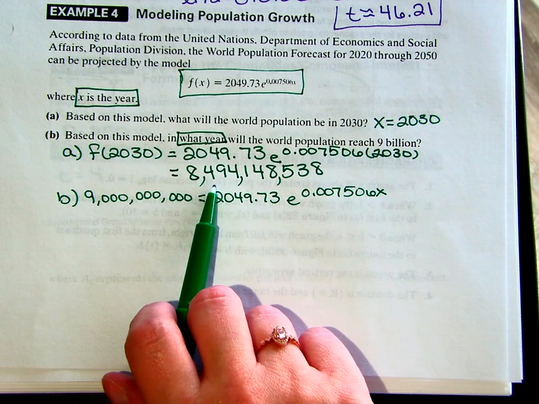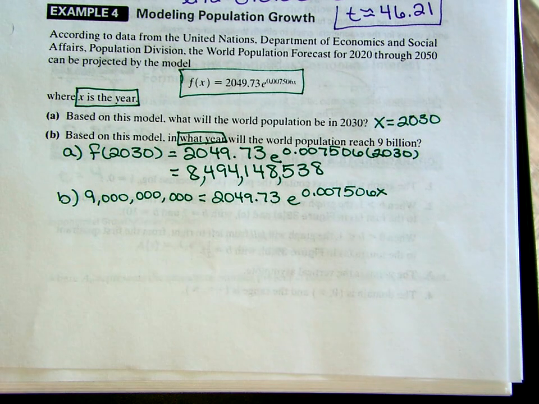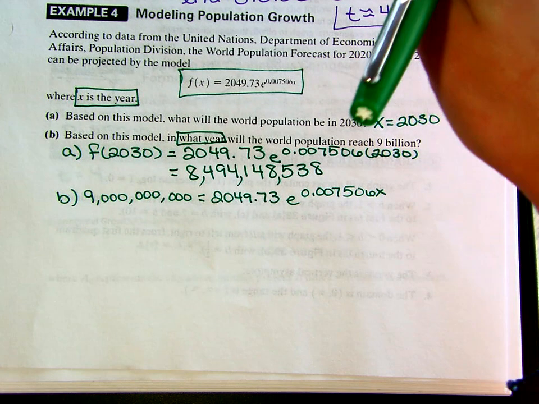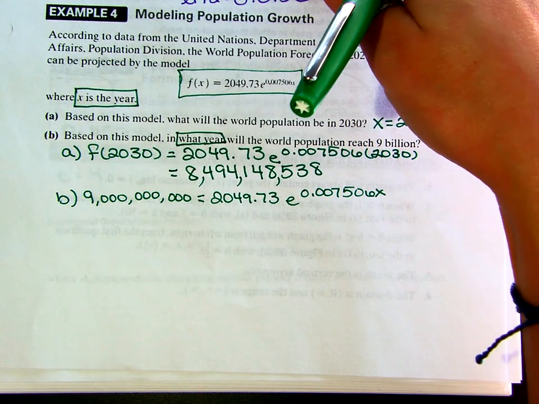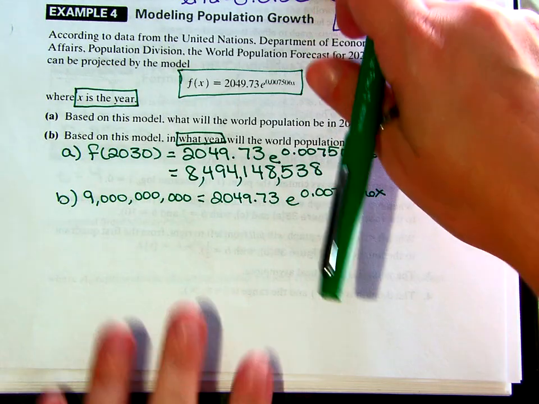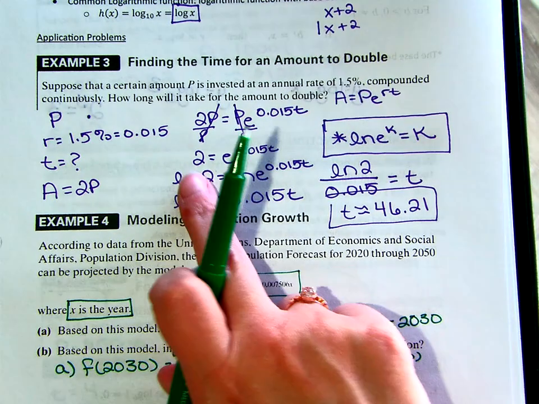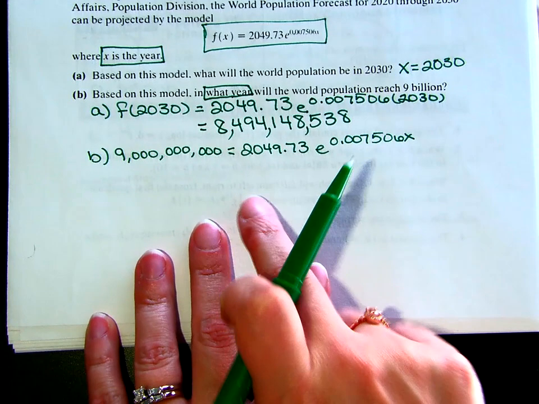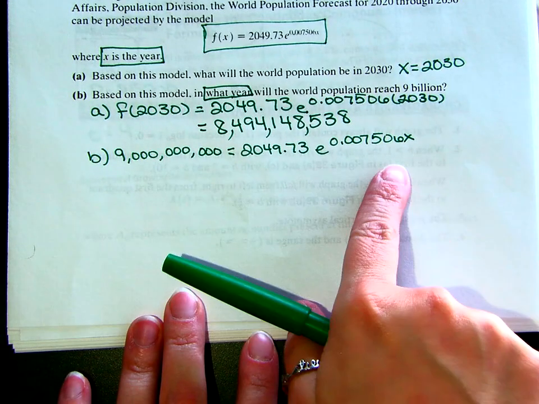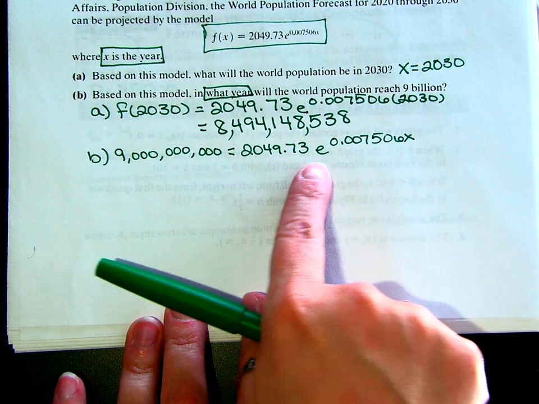Now, regardless of how big and weird these numbers are, this problem is really no different than the one we just did where we doubled our investment. Because up here, we had 2p and the p's canceled, then we had a number equal to e. Well, we almost have that here. But we have this 2,049 and a bit right here in front. So if I'm trying to get e by itself, I'd have to divide it all.